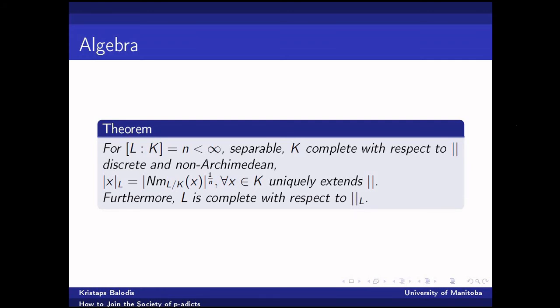Well, then it turns out that if we define this absolute value of x in L to be the relative norm between the fields, to the power of 1 over the degree of the extension, this actually agrees with the norm on K. And not only does it agree, thus giving us an extension of that absolute value, but it does so uniquely, and L actually remains complete with respect to this absolute value.